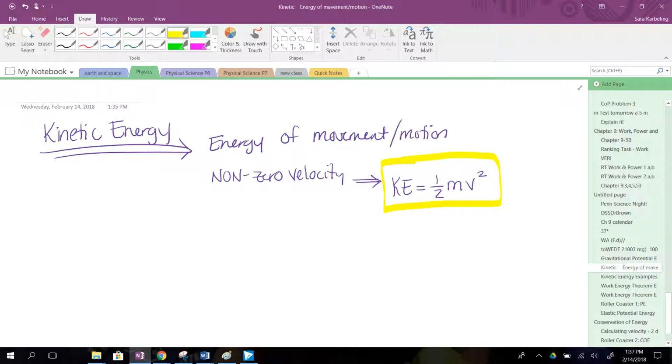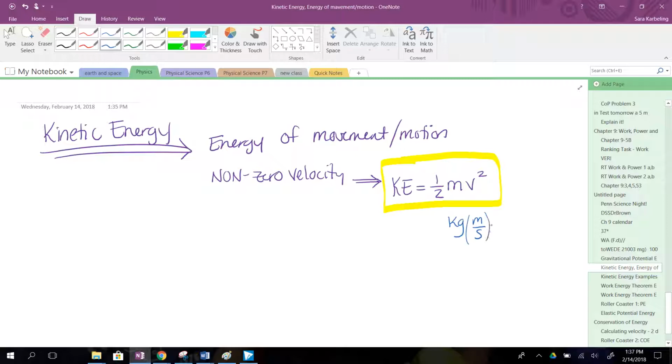All right. But let's look at the units, because I want to make sure the units work out, because it'd be bad if I was telling you incorrect stuff, wouldn't it? Mass. What's the unit for mass? Kilograms. What's the unit for velocity? Meters per second. But what are we doing to that meters per second? We're squaring it.